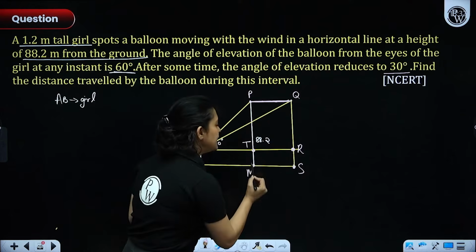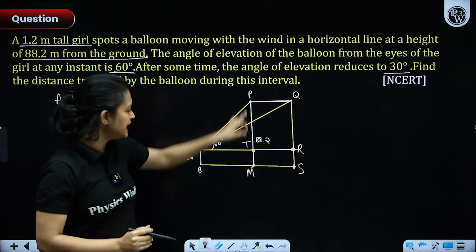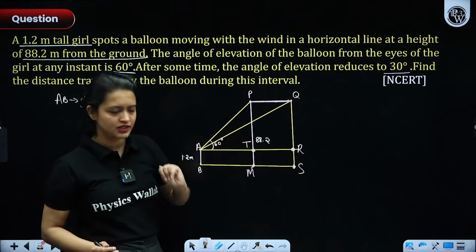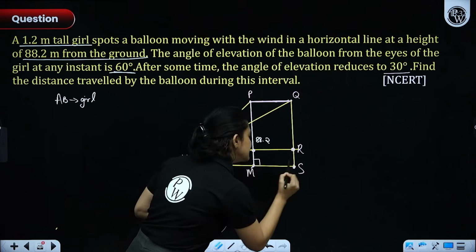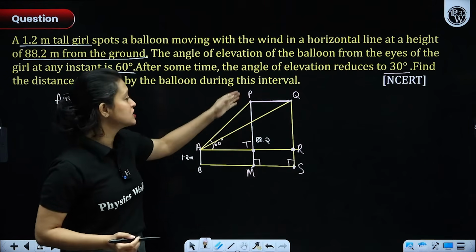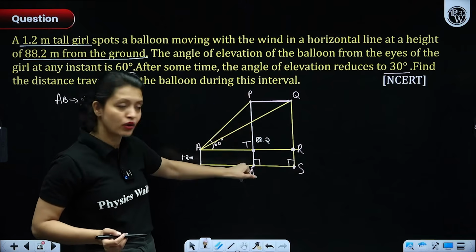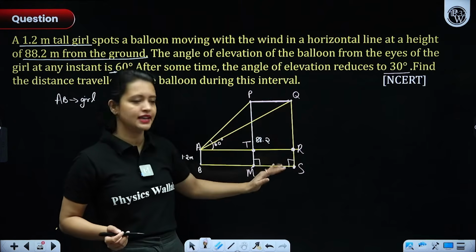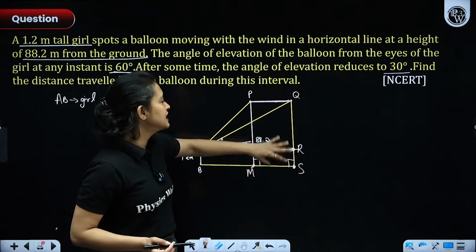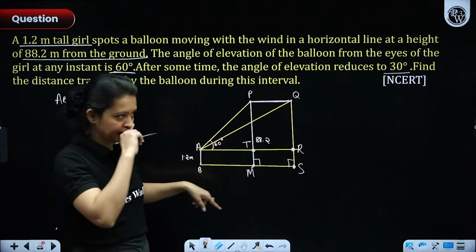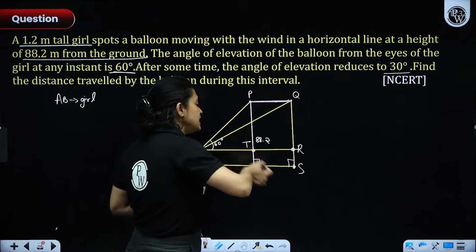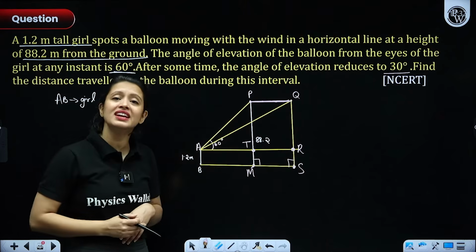If I take PMSQ, it's a quadrilateral, 4 sides, right? Moreover, this is 90 degrees, this is 90 degrees. Why is this 90 degrees? Because I have told you that PM is the horizontal perpendicular distance of the balloon from the ground. Same for QS. So these two angles are 90 degrees each. In fact, PQSM, if you see, is a rectangle.